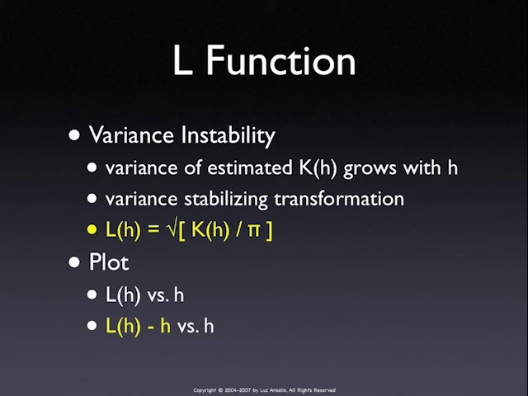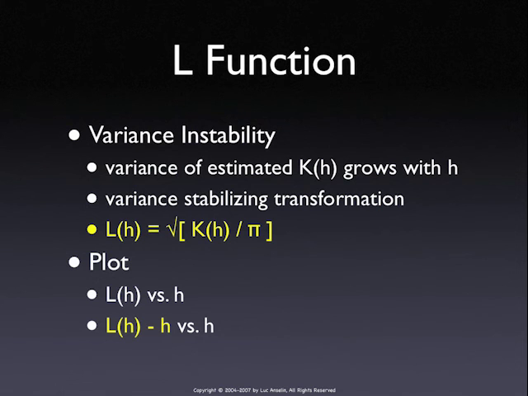We had K minus pi d squared that we plotted against the distance. L minus h is plotted against distance, against h as well. And again, I'm pretty sure CrimeStat uses this option. So in the CrimeStat result, you will get a flat line as the reference, and then the difference between L and what the value would be under complete spatial randomness is the actual curve shown.